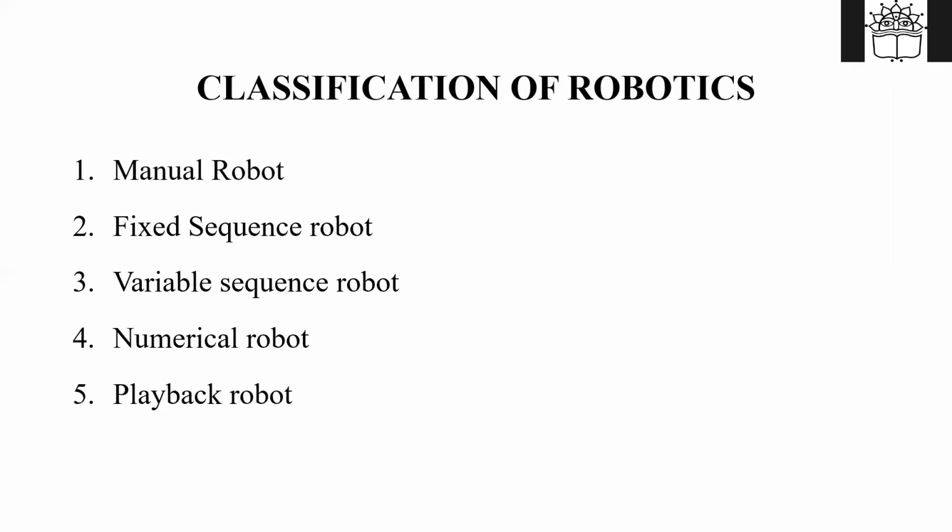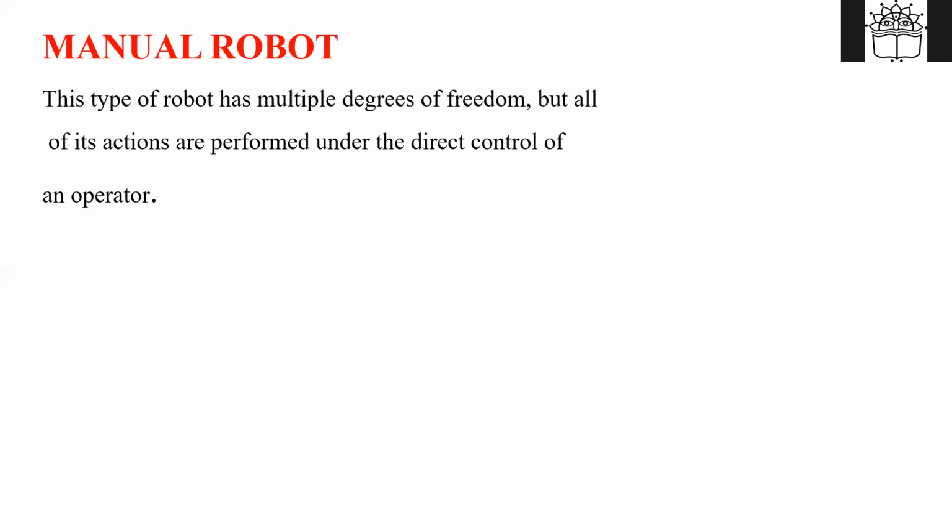Playback robot is the robot which you teach. First the motion is given to the robot by the operator, and the robot will memorize the coordinates, memorize the path, and follow that path. So that robot is called a playback robot. And the last and very interesting robot is the intelligent robot, which will apply logic.